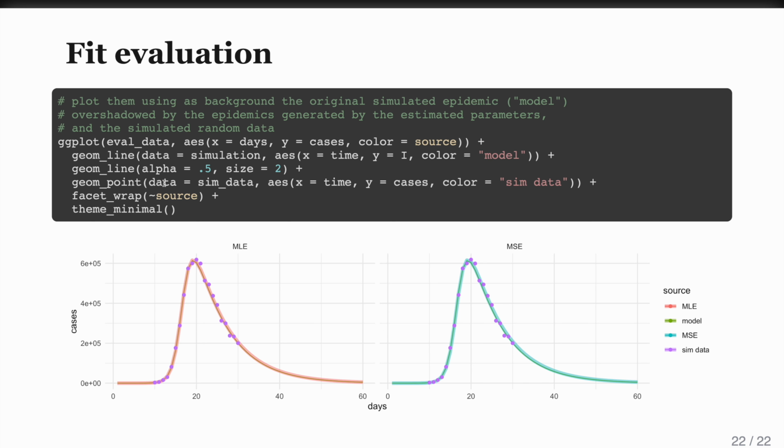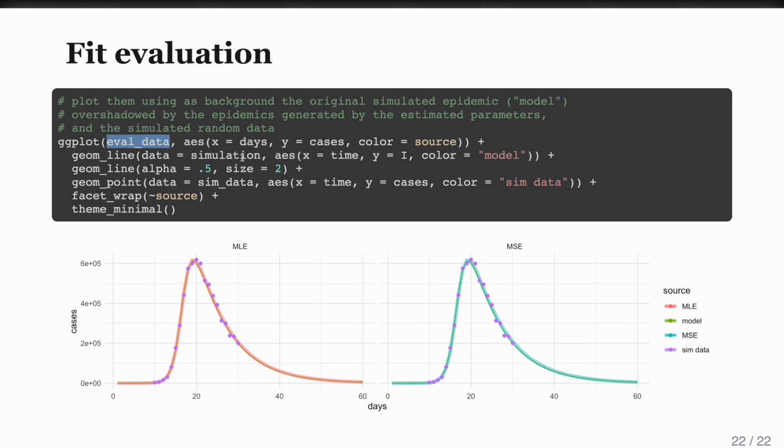Again, it's the usual ggplot syntax. We first create the general plot in which we use this data, and we put the days on the x-axis and the cases on the y-axis, and we color the lines by the source, in this case the estimation algorithm, either MLE or MSE. But we also add extra data to this plot.